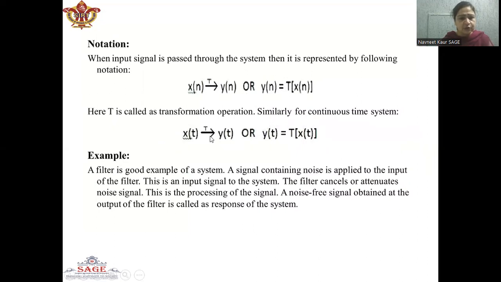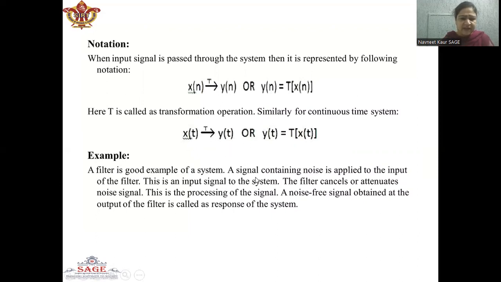T is also known as the transformation operation. Similarly for a continuous time system, we can write x(t), when operated by this operation unit T, will give y(t). The most common example of a system is a filter.